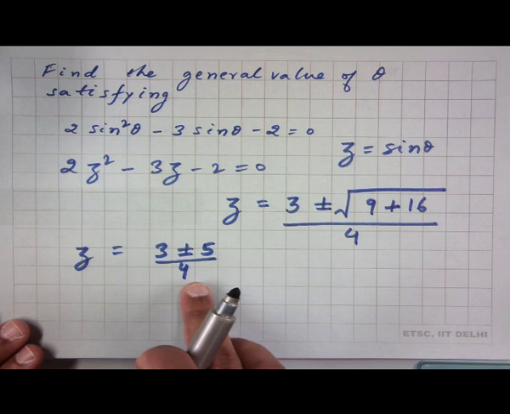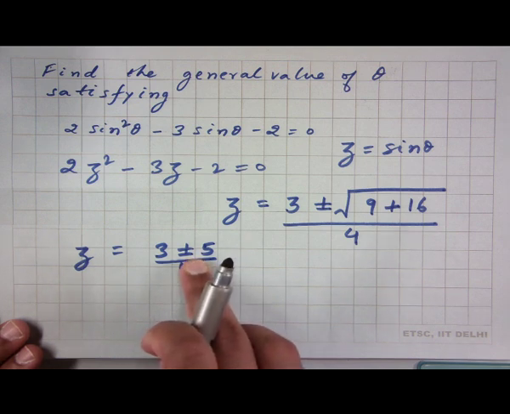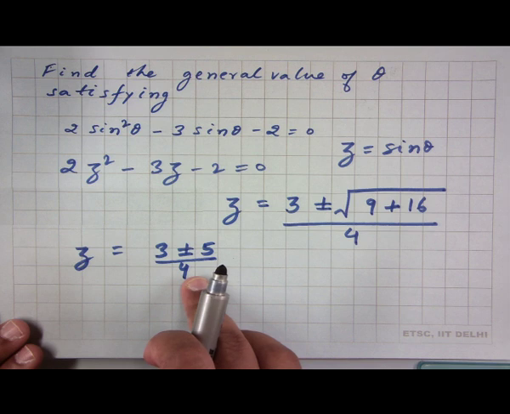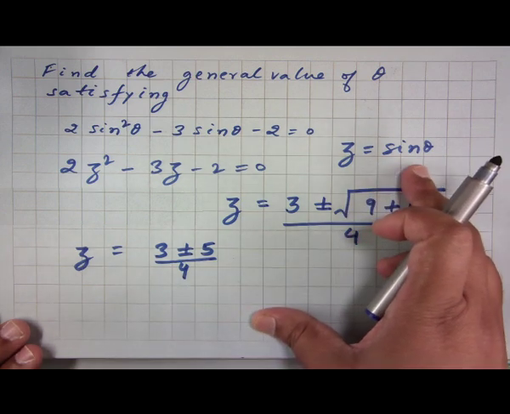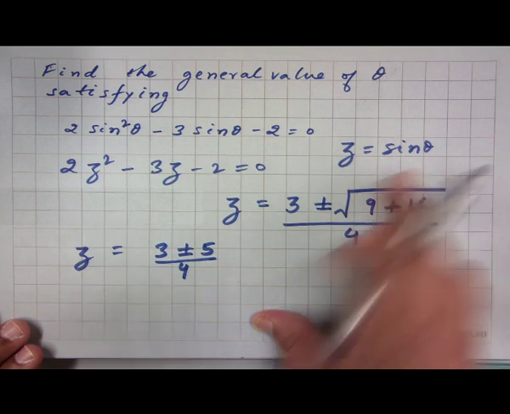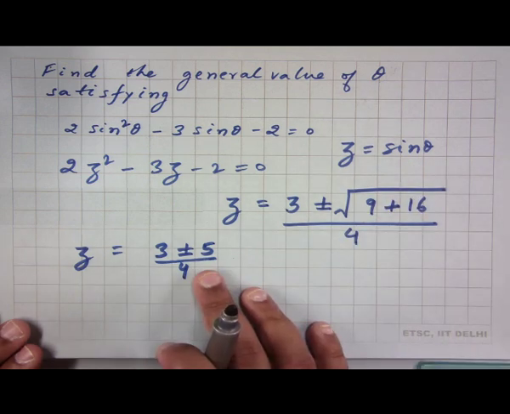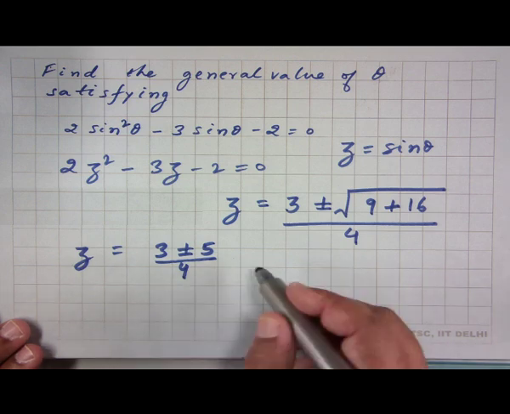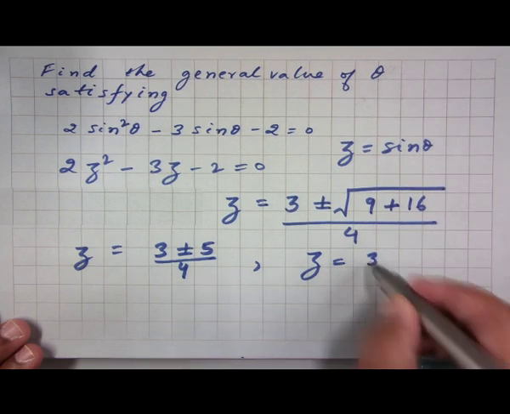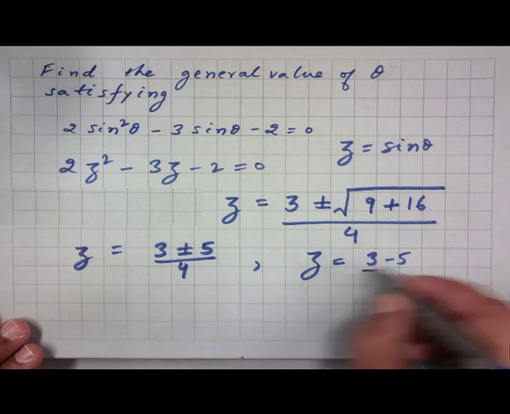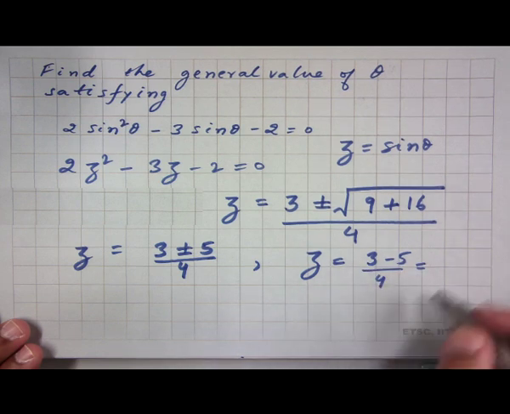But if we take the root 3 plus 5 over 4, that is 2, and z is equal to sine of some angle, so it cannot be 2. So the solution z equal to 2 is not a feasible solution. The only other solution which remains is z equal to 3 minus 5 over 4, which is equal to minus half.